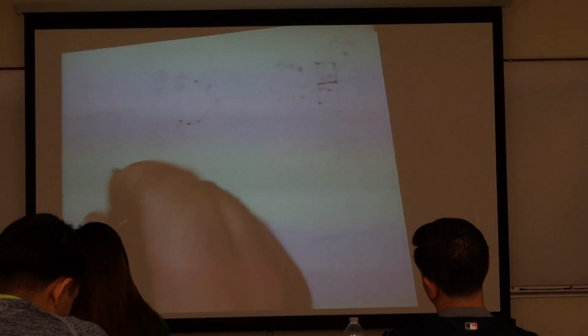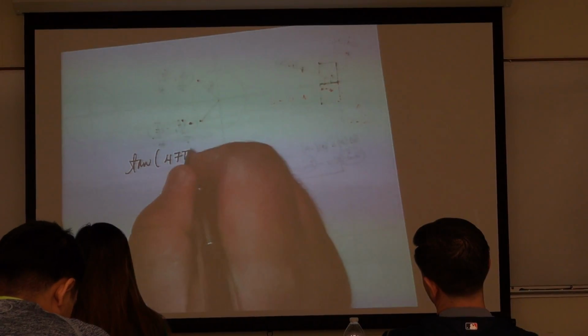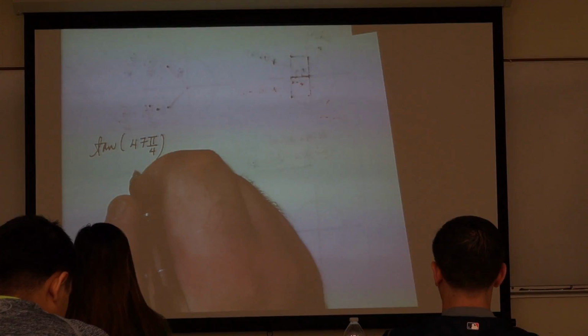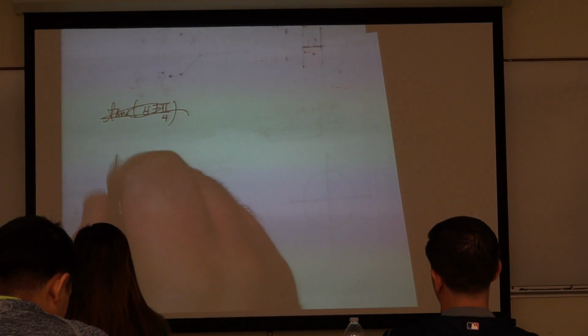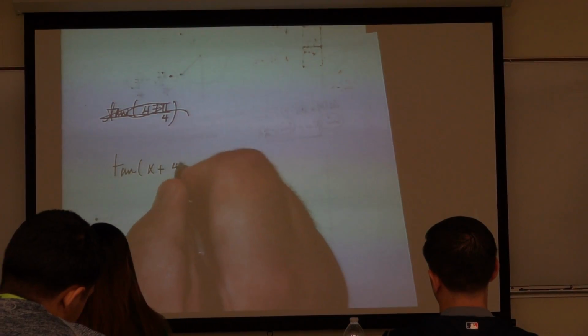Let me tell you what that means. Let's say I have tangent of 47 pi over 4. Or let's say tangent of alpha plus 47 pi.